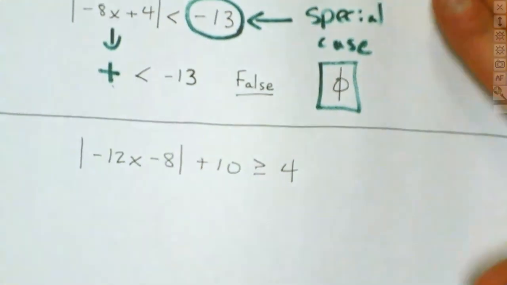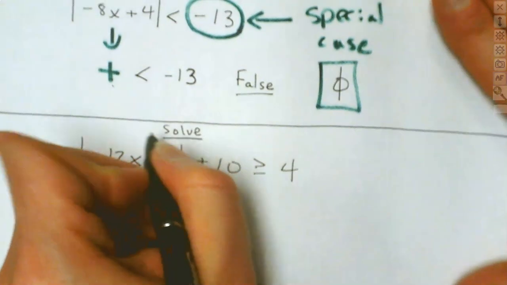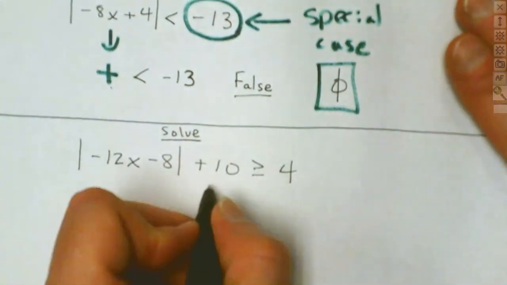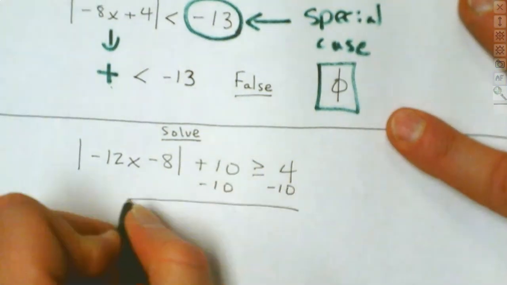Okay, and the directions here are going to be solved. So what do we do first? Again, before anything else, move that 10 over. Always do that first.